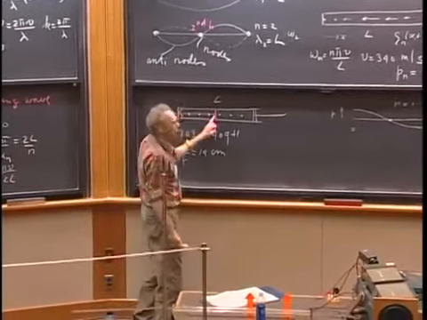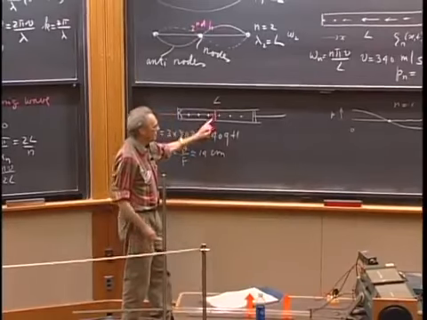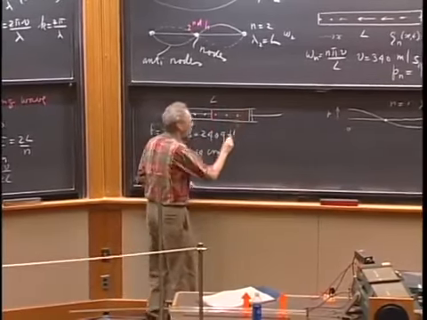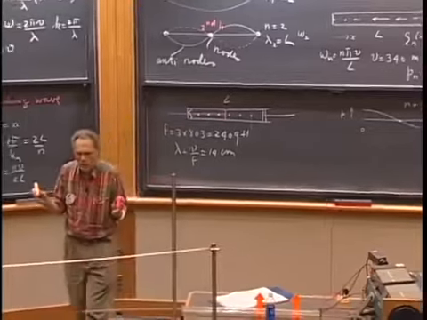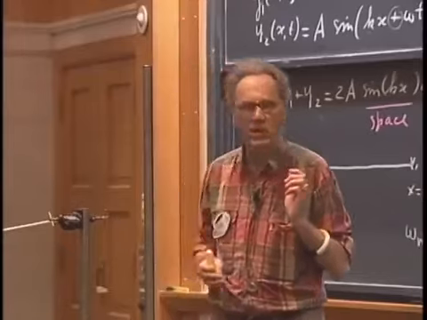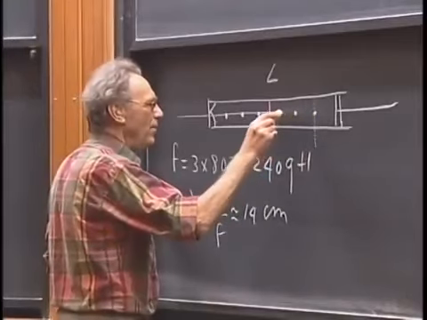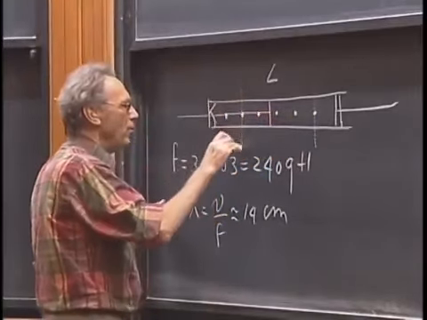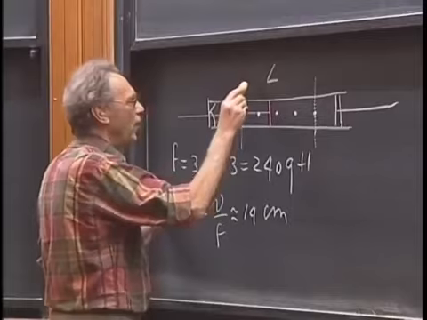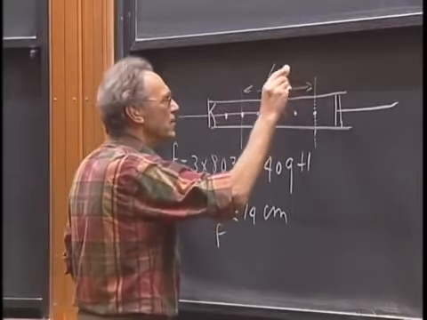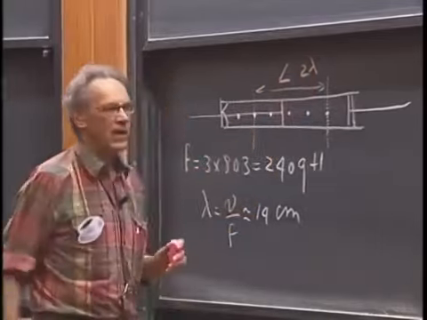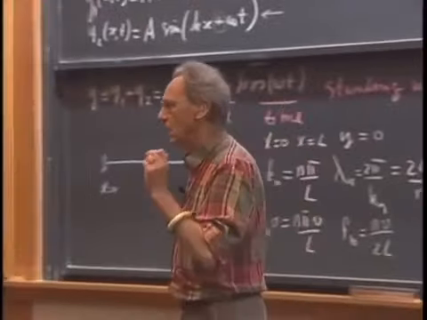I'm then going to put this microphone somewhere at a node that we all agree you hear almost no sound and we see no signal from the oscilloscope. And then I'm going to move it back and search for 1, 2, 3, 4 nodes. And then I know that this distance is going to be 2 lambda. And I have therefore measured lambda.